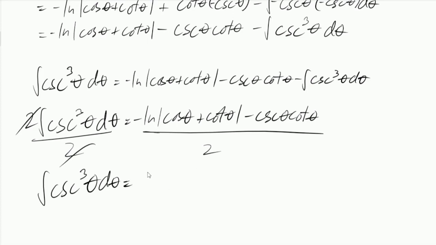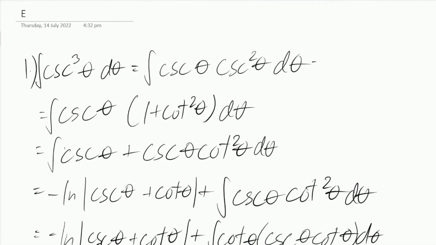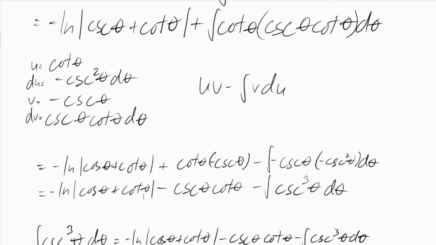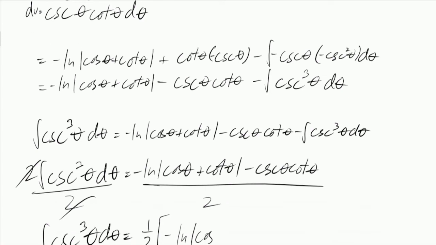So we will have 1/2 times a negative ln cosecant, sorry, this is supposed to be cosecant. This is supposed to be cosecant.